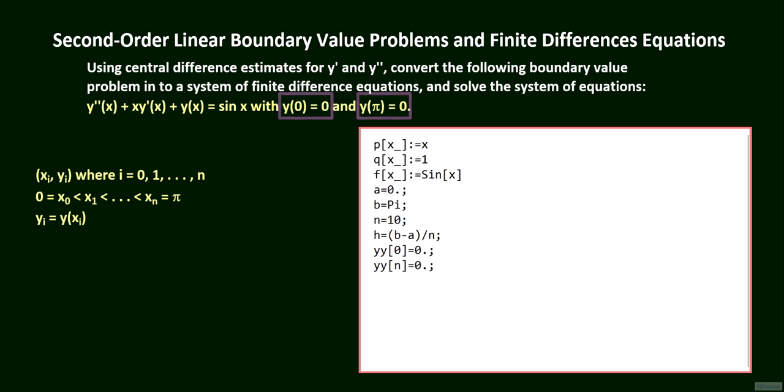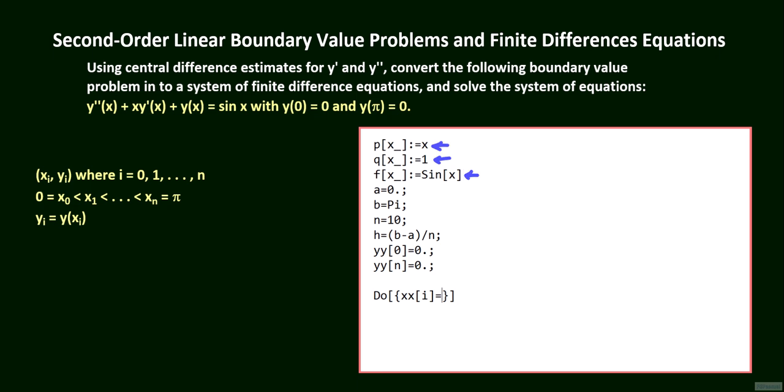Then we define the x_i's and their corresponding p, q, and f values. For this, we will use a Do loop. Inside the Do loop is a set of commands, so we use the curly brackets. The first command is to assign the x values. We use the variable xx instead of x since we are already using the variable x in defining p(x), q(x), and f(x).